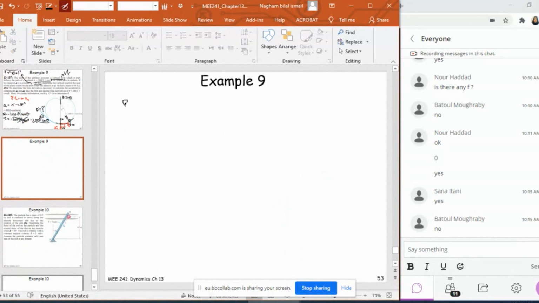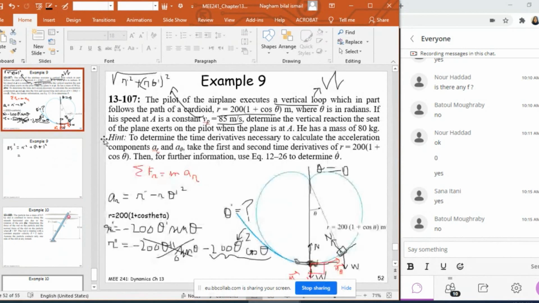So I know that 85 squared, which is the velocity at this point, is equal to R dot squared plus R theta dot squared. And I know, guys, that R dot is minus 200 theta dot sine theta, which is also 0 when theta is equal to 0 because sine theta is 0.